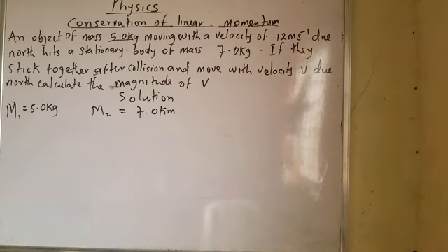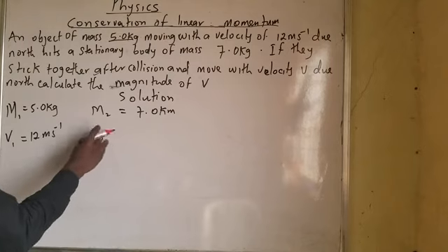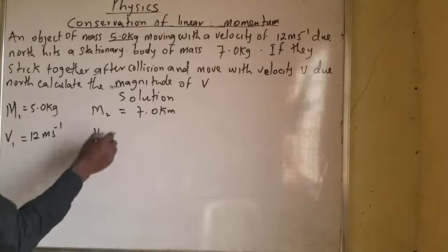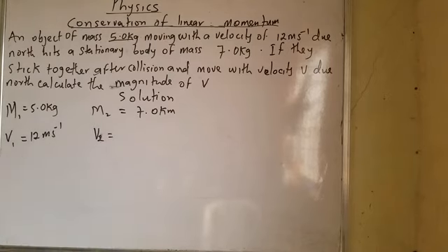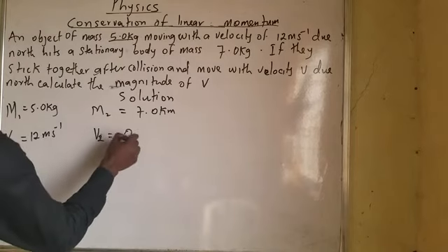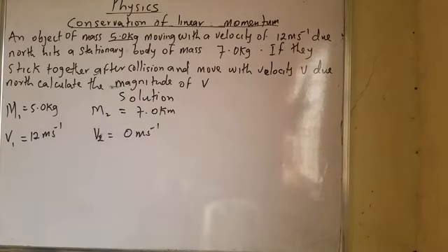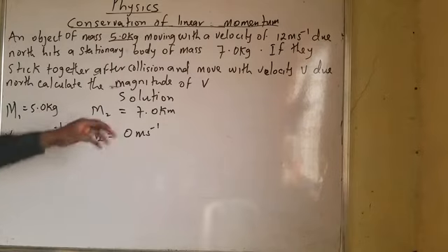The velocity v1 is equal to 12 meters per second, and v2 is 0 meters per second. Please don't forget that.